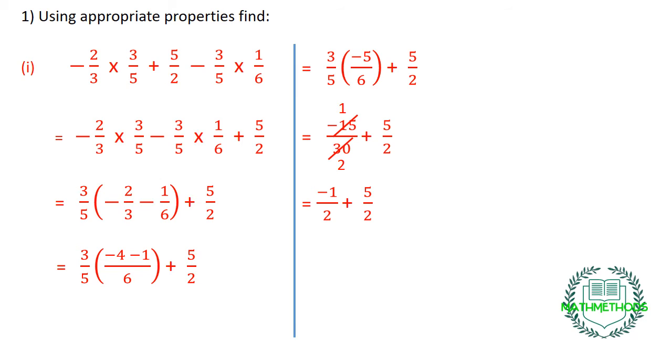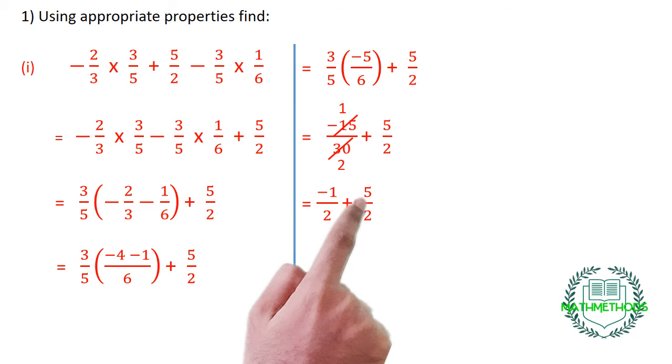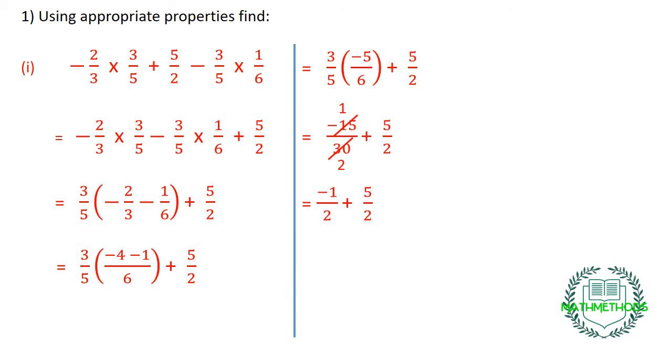Now since the denominator here is the same for both the fractions, there is no need to take the LCM. We can simply add minus 1 plus 5 upon 2. Minus 1 plus 5 is 4. So we get here 4 upon 2. Now 2 ones are 2 and 2 twos are 4 and we get 2 as the answer.